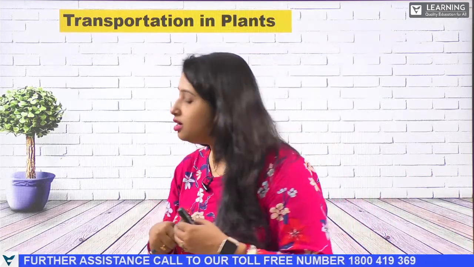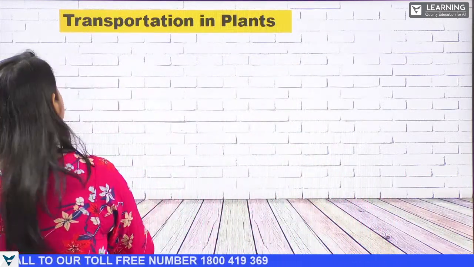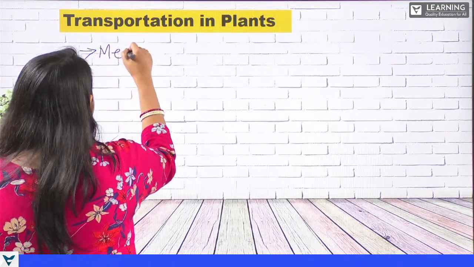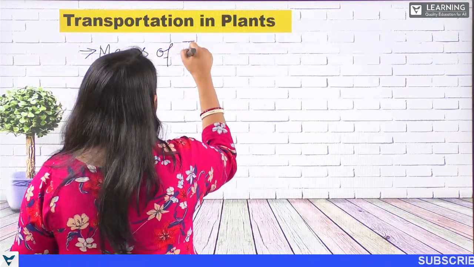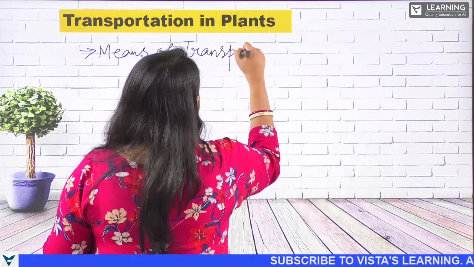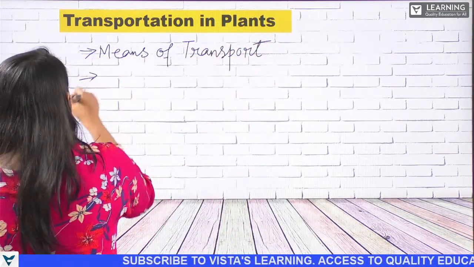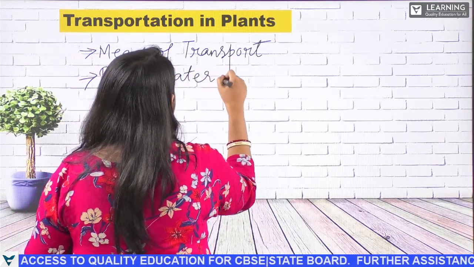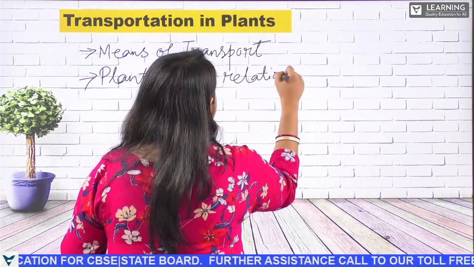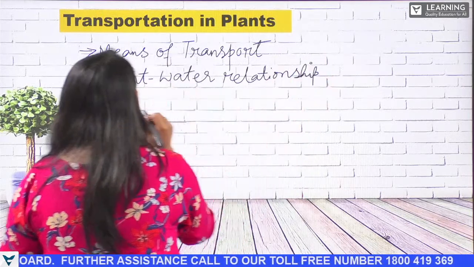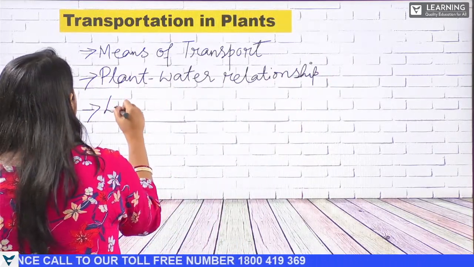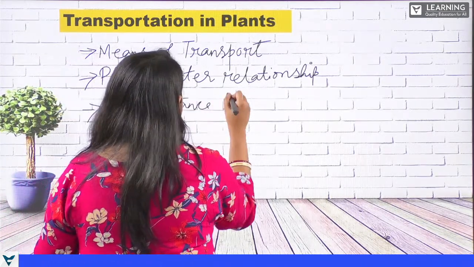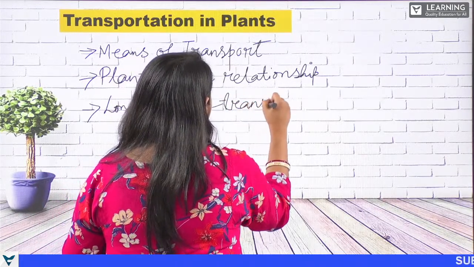Okay, so what will you be learning under this chapter? You will be learning about the means of transport, then the second thing you will learn is plant water relationship, and the third thing you will learn is long distance transport of water.